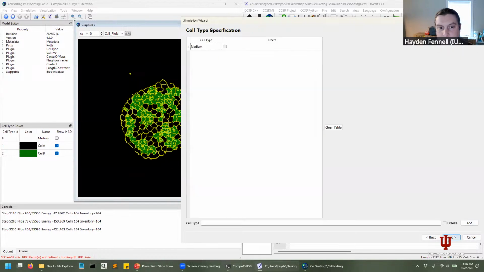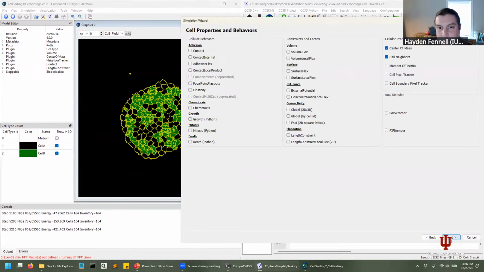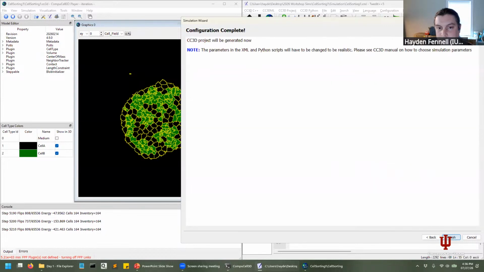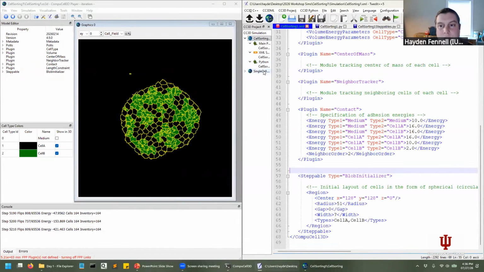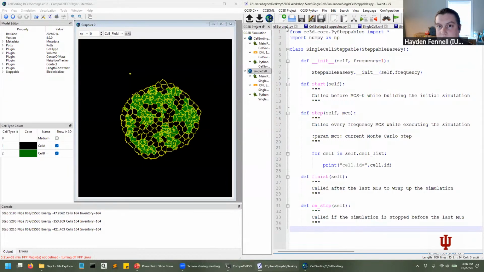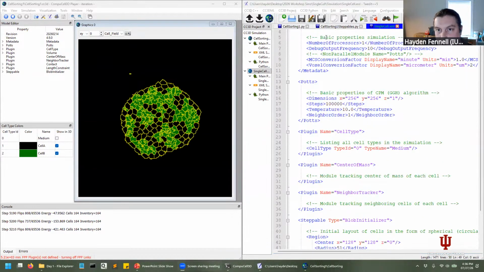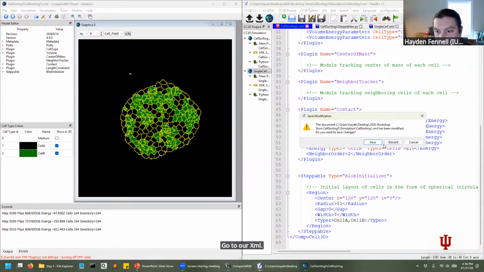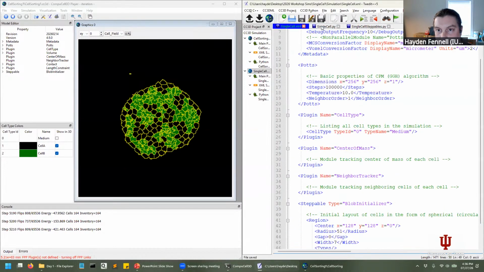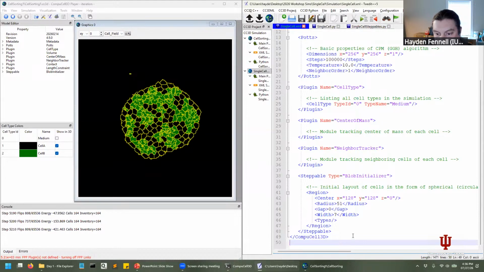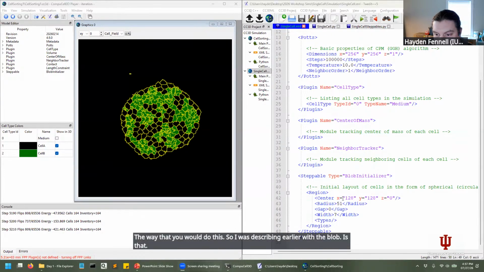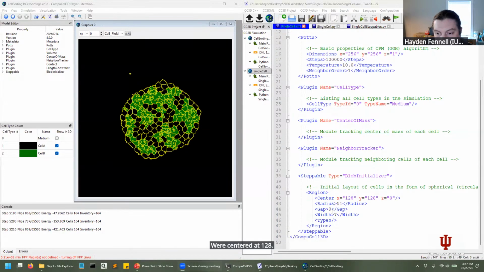Do blob. And then if we go to our XML, what I was describing earlier with the blob is that we're centered at 128 by 128 with a radius of 51 and a cell width of 7.